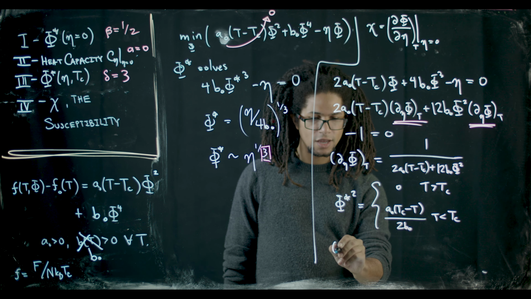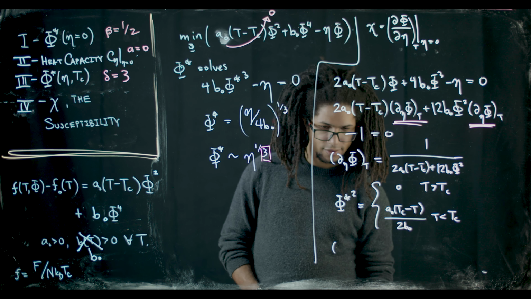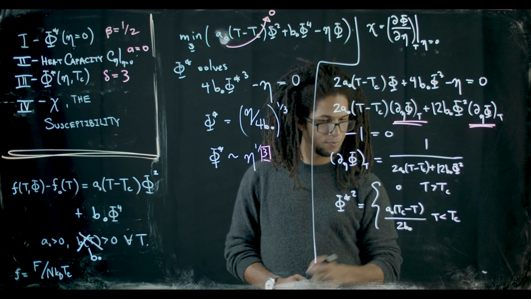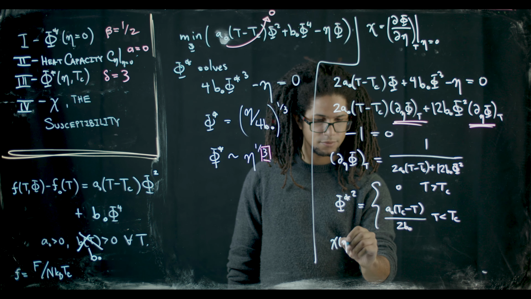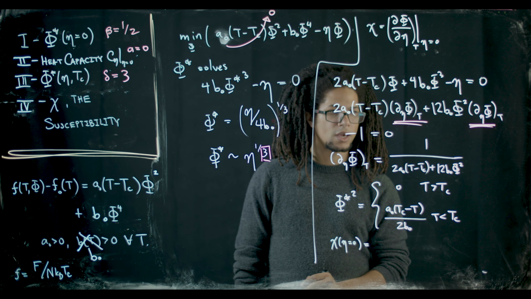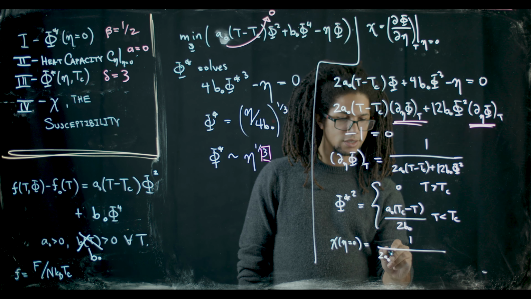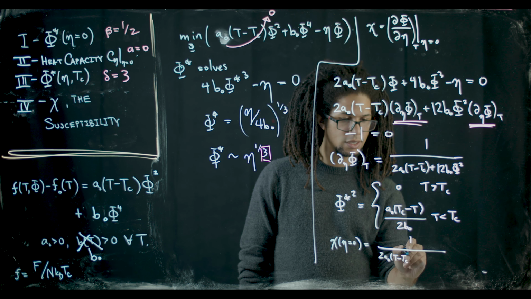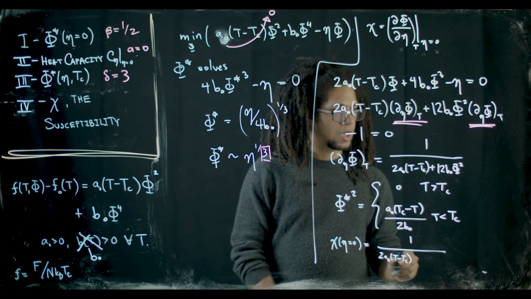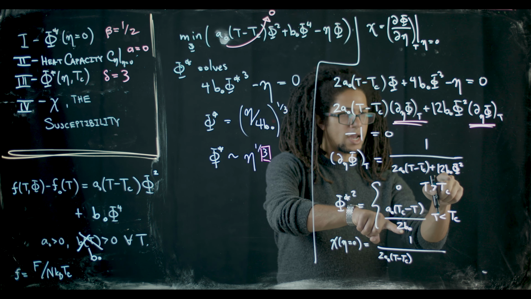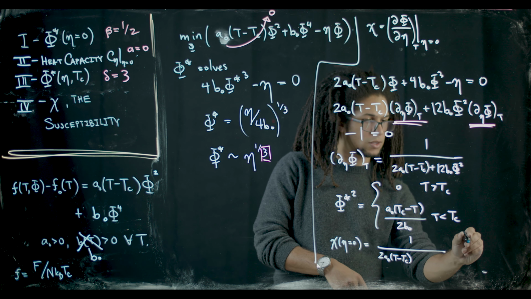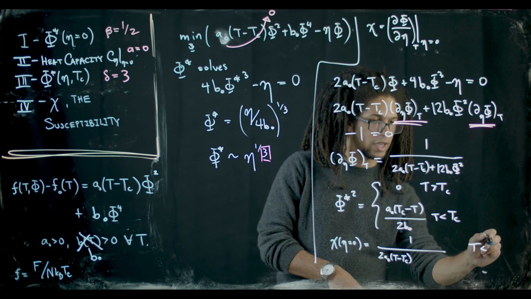So sticking that back in, we find that chi at eta equals 0 is equal to 1 over 2a naught (t minus tc). And then the b naughts cancel.